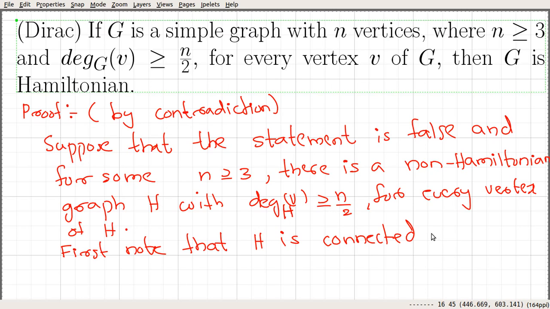If H is not connected, then what is going to happen is that if you look at the component that has fewer vertices, all the vertices have degree less than or equal to n by 2 minus 1. So that will violate this condition of the hypothesis. So H is connected. Otherwise, we look into the smaller component.